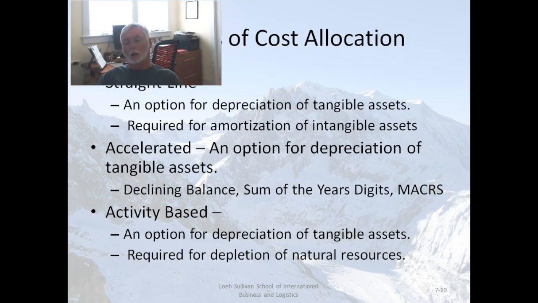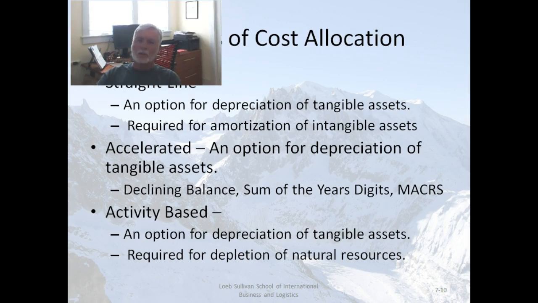So we look at what we expect the life of the asset to be, in terms of units or production, and then we look at how much of that life we've used each year. I'm going to go through this and show you the calculations for that, probably in the second half of this lecture.